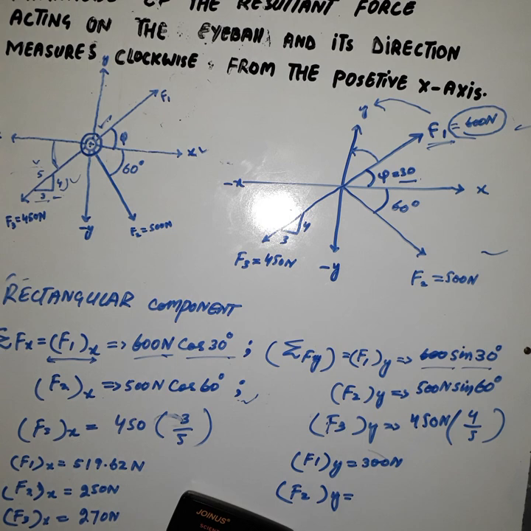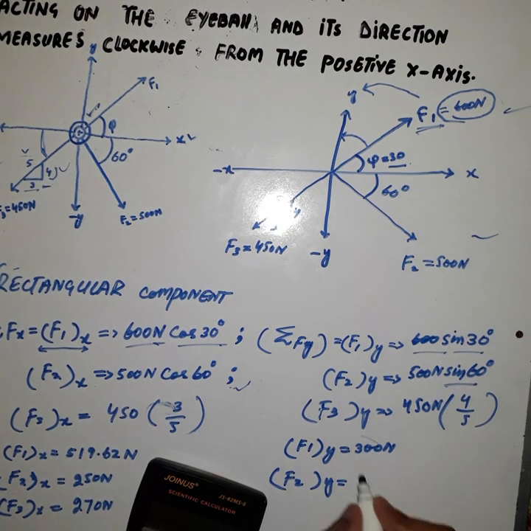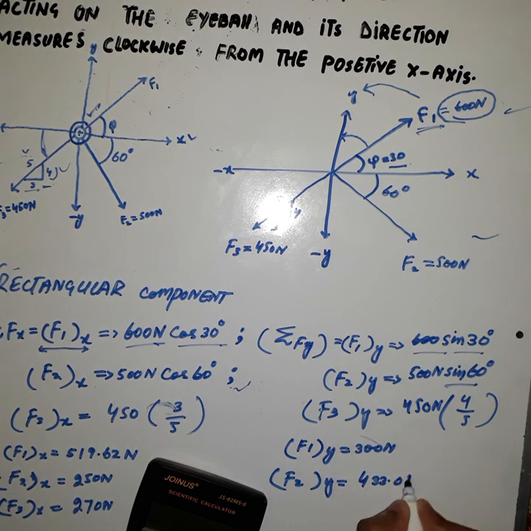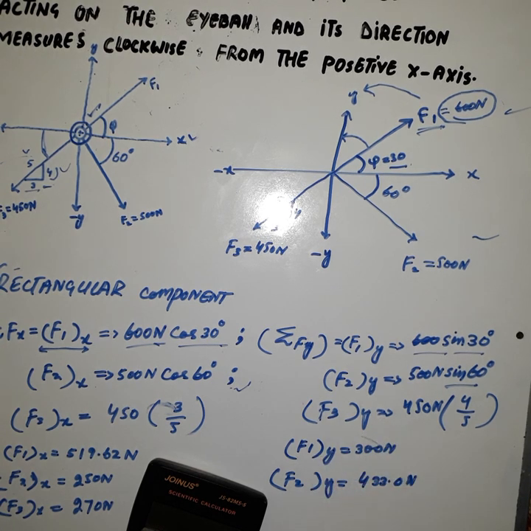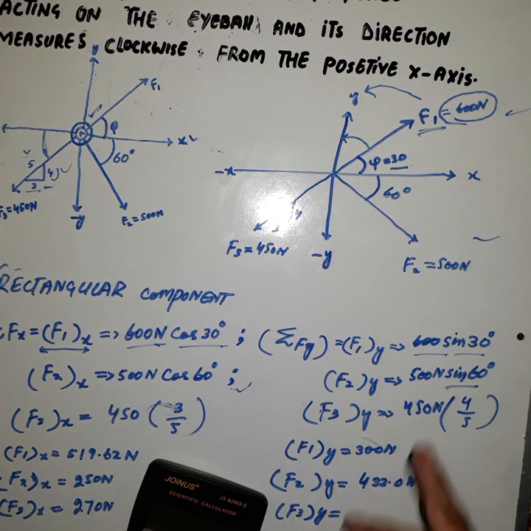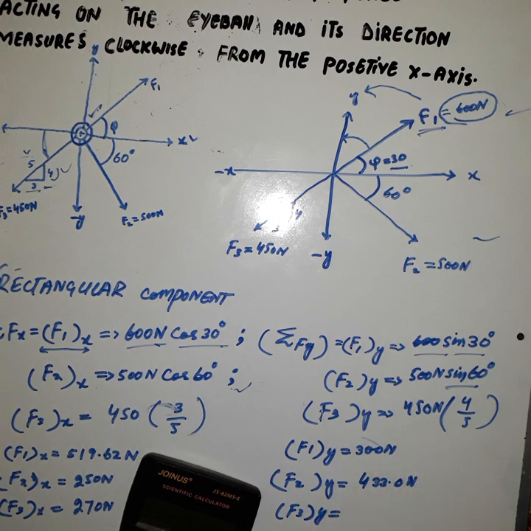Multiply 500 with sine 60, so its answer is 433.0 Newton. Now find F3 of y. Multiply 450 by 4 by 5, and it is equal to 360 Newton.